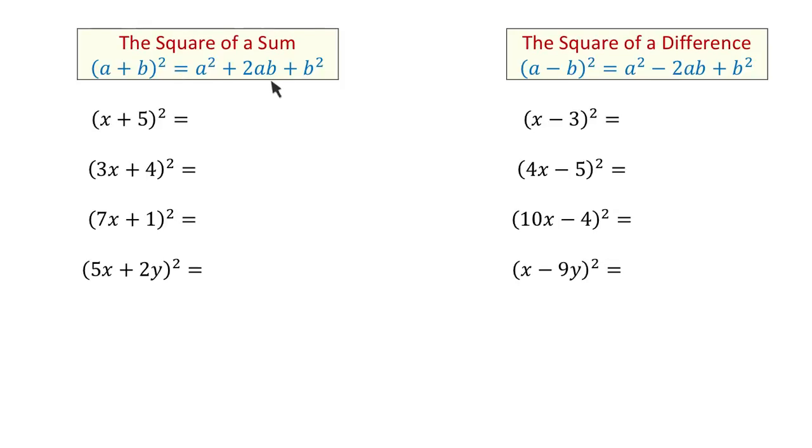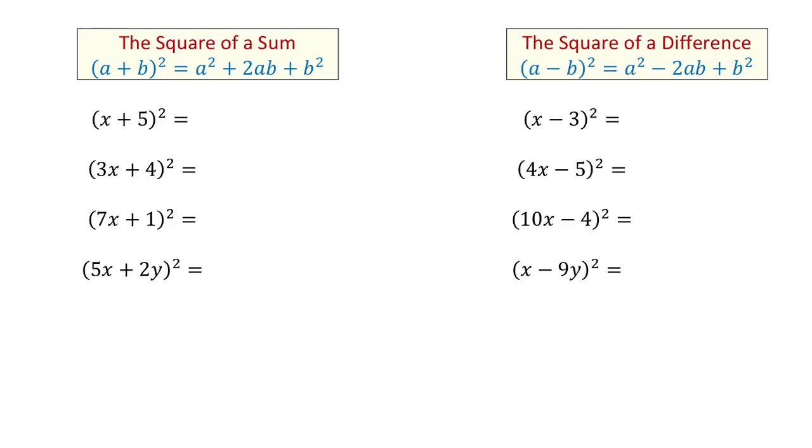The second term is 2ab, obtained by multiplying a and b together and then doubling the product, because you're multiplying by 2. And the last term, b squared, is obtained by taking the second term and raising it to the second power.